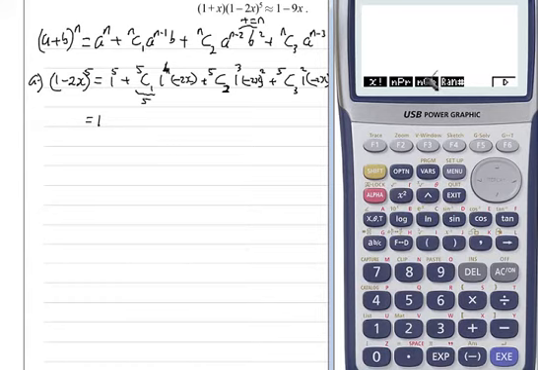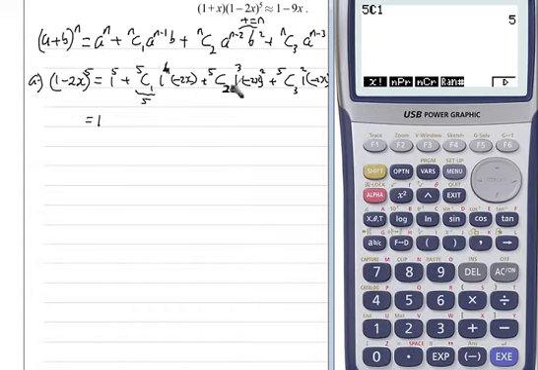You have to find nCr on your calculator, usually somewhere around here. Let's calculate 5C1. As you see here, 5C1 is equal to 5. We found it as 5.